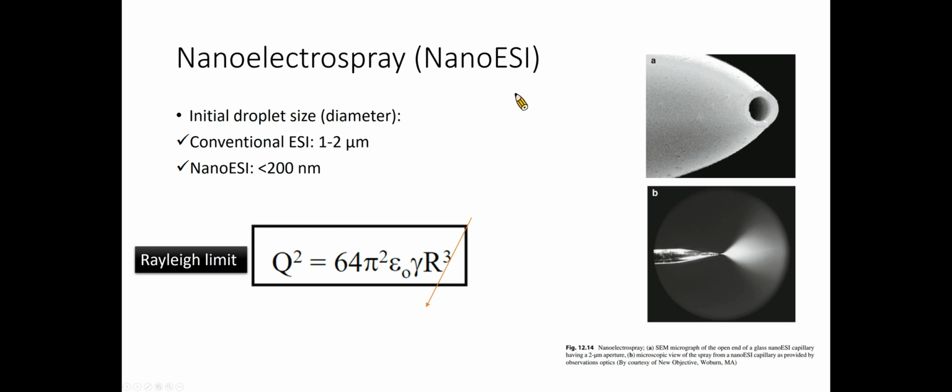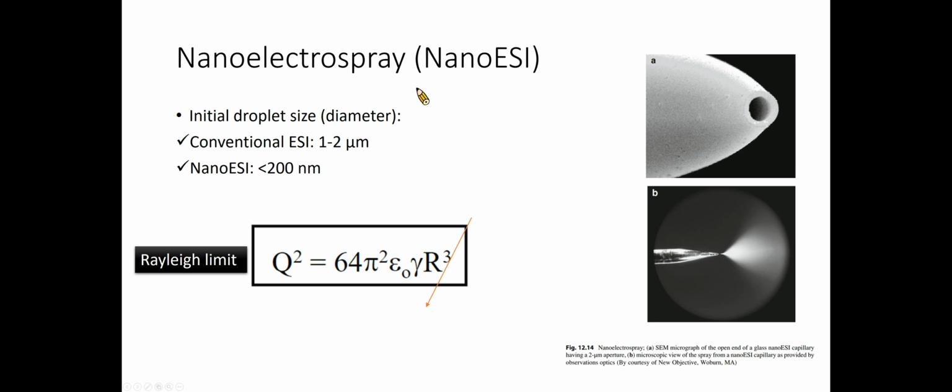Nano ESI allows for high polarity solvents such as pure water in both positive and negative ion mode, has extremely low sample consumption, and tolerates even higher loads of buffer salts than conventional ESI.